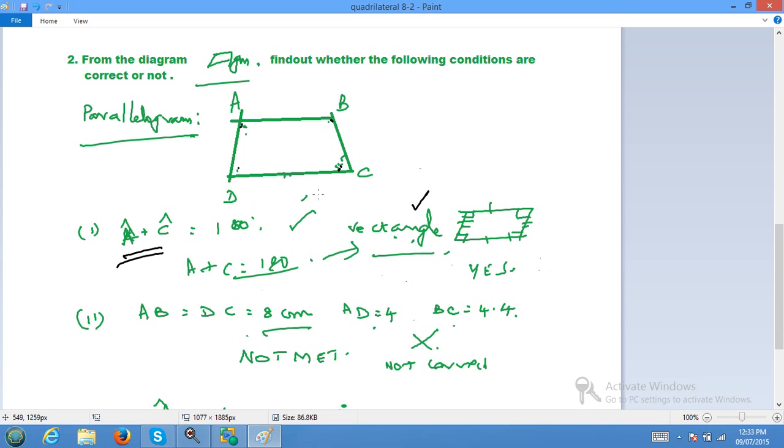Yes. As per the condition, angle A plus C is equal to 180. If we apply this condition, B is equal to D, so all these three angles are equal.